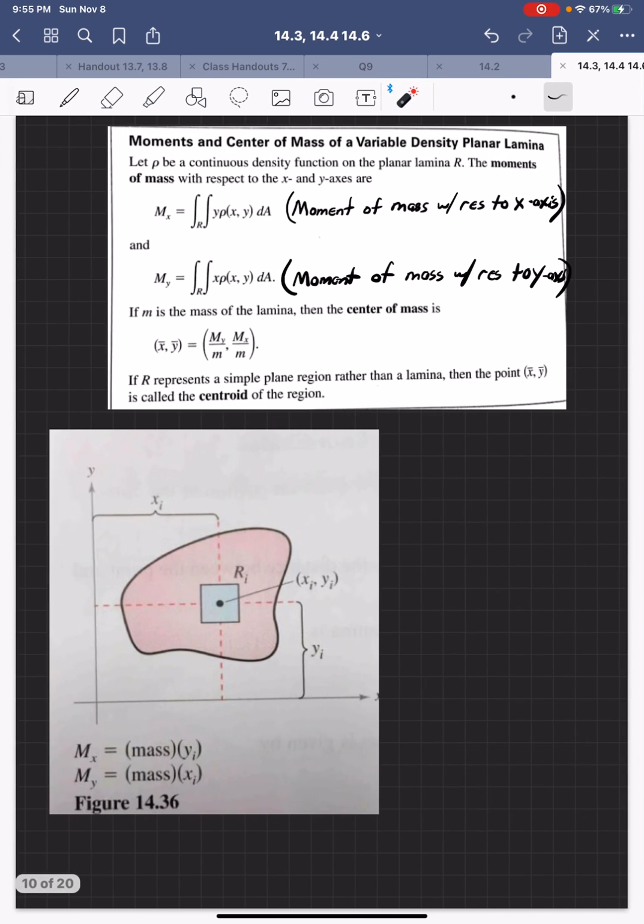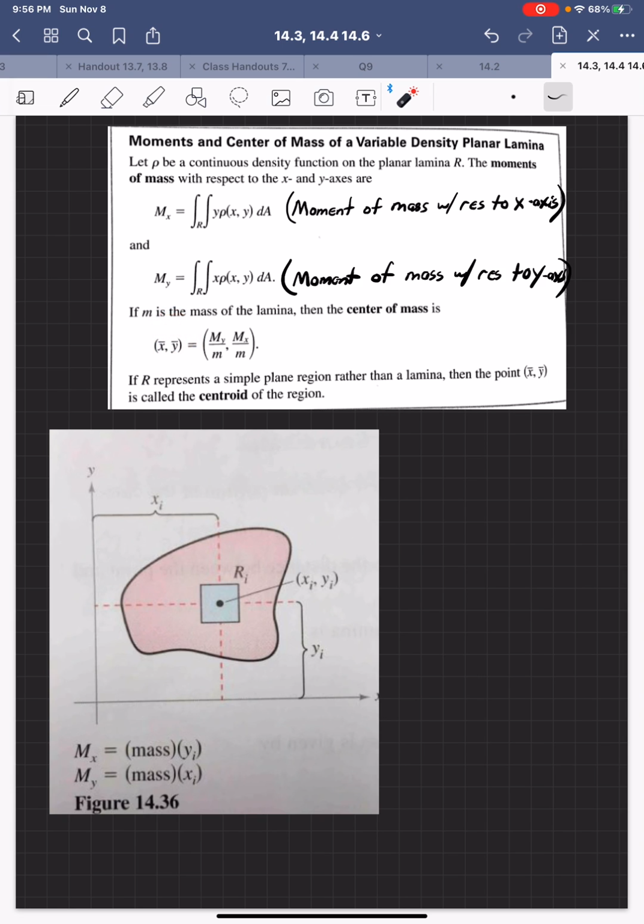Okay. So the next thing that we want to be able to do is find the center of mass. And again, the center of mass is going to be that point that we can use to balance this object on, say, the tip of your pencil.